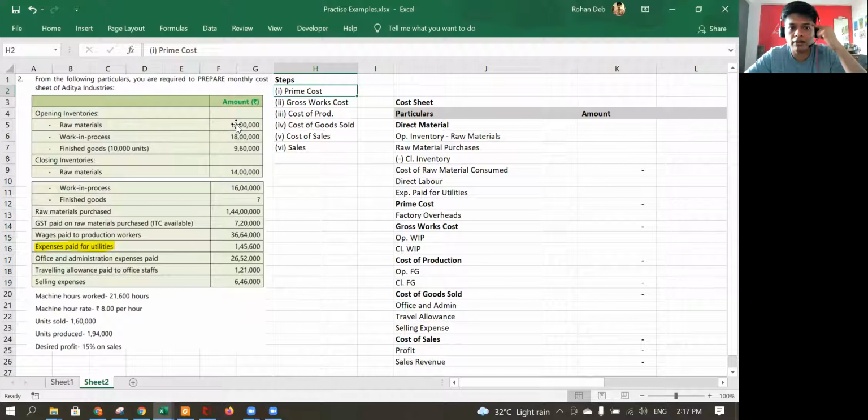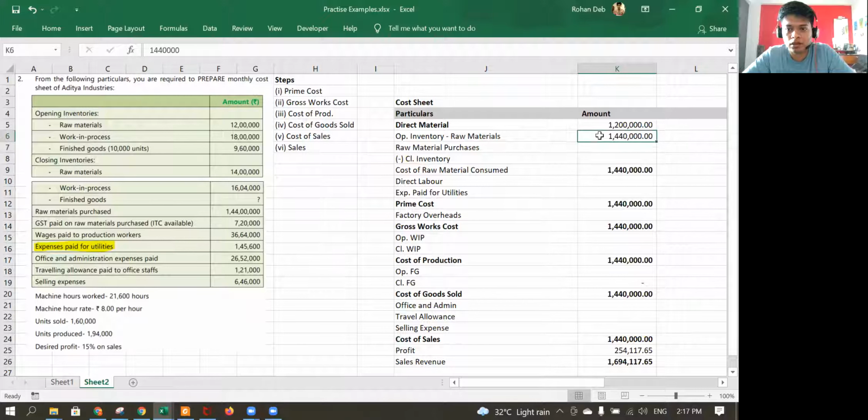Raw material: I have opening inventory of 12 lakhs, so I'll put 12 lakhs. Next, what else do I have? Raw material purchased, 1 crore 44 lakhs. Sorry, 10 less. Okay, and then I'll reduce the inventory that I have not used. I purchased it, but I did not use it.